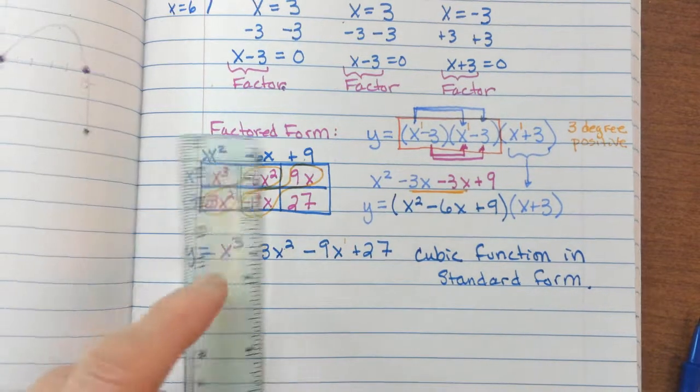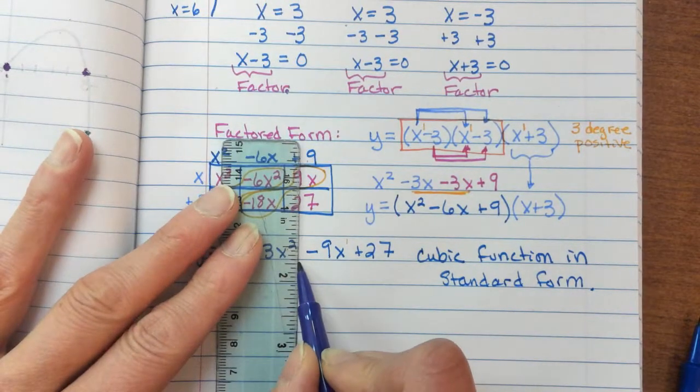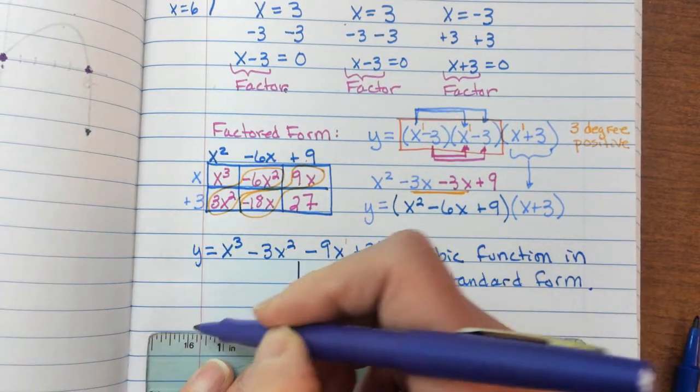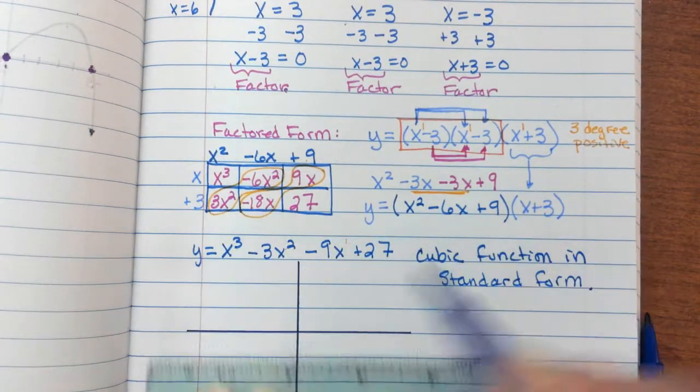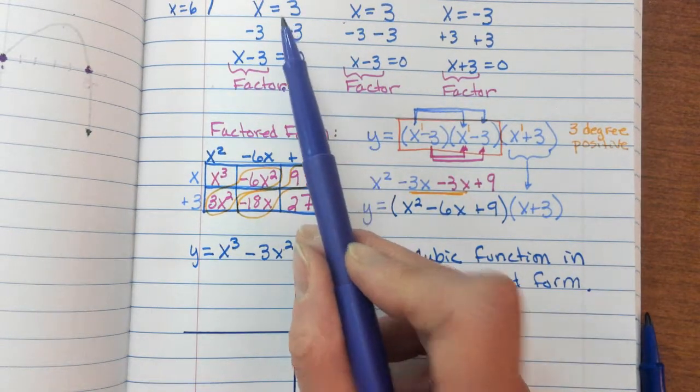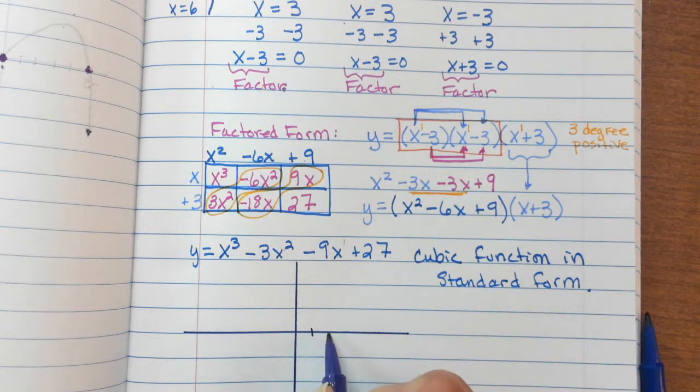So like we did in the previous video, I'm going to go ahead and draw in my XY axis. I'm going to mark my zeros. My zeros are important. So I had a 0 at 3. So this is 1, 2, 3. So I have a 0 here at 3.